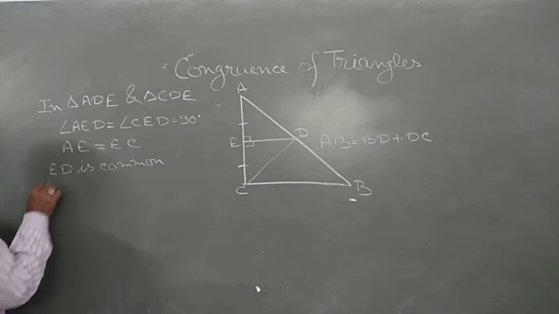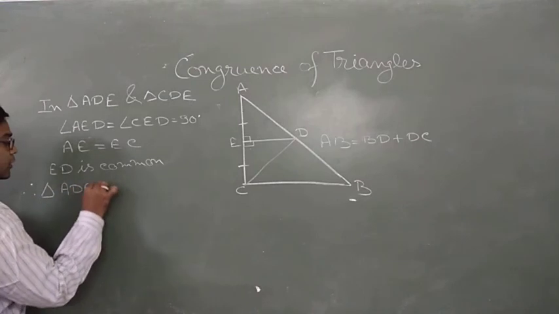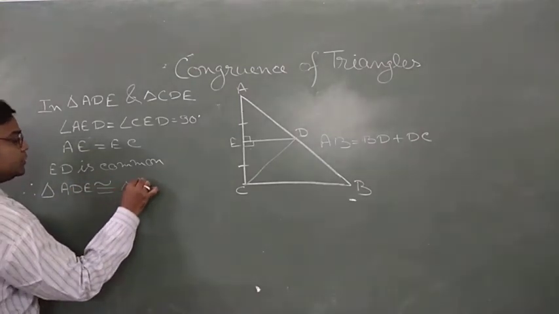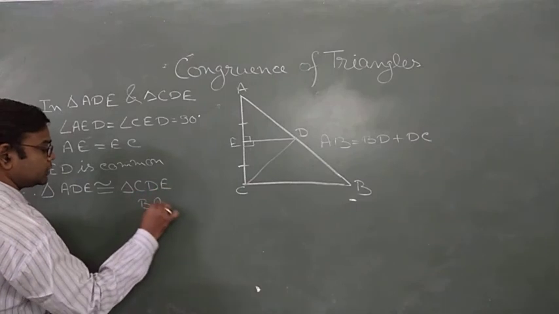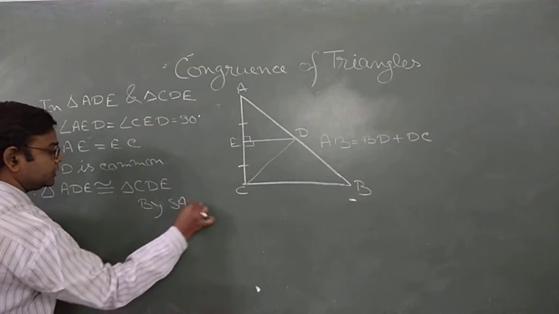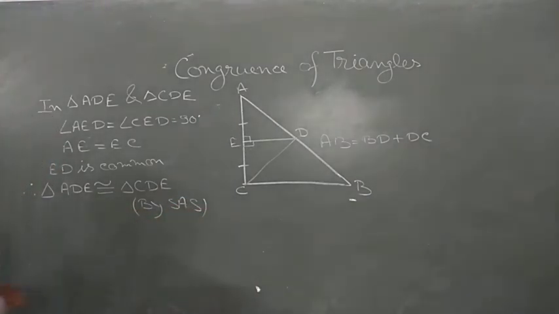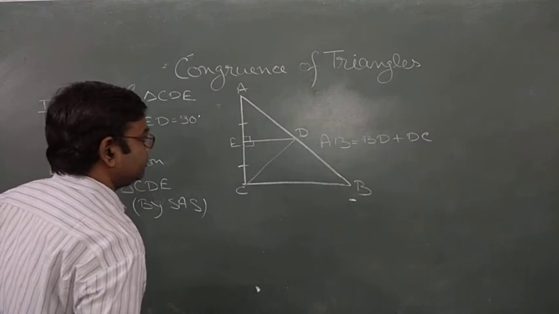ED is common, therefore we can say that triangle ADE is congruent to triangle CDE by side angle side property. Now if these two triangles are congruent to each other, what does it mean?